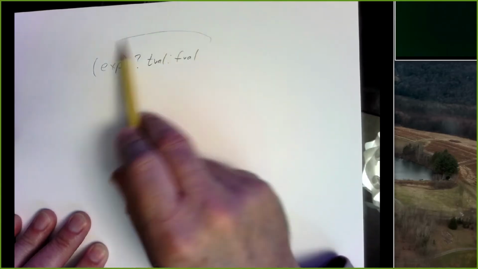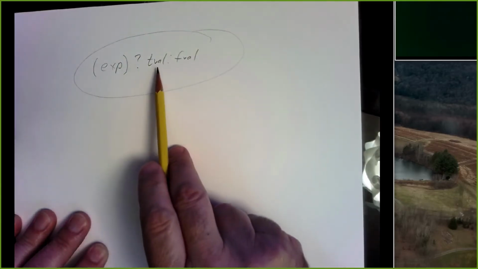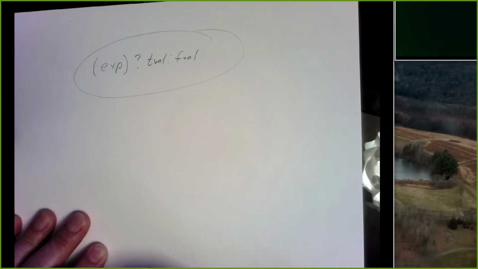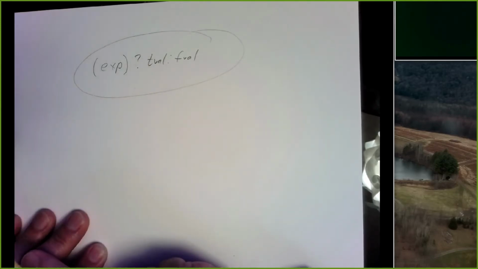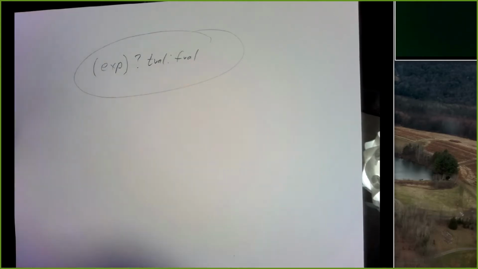And this whole thing basically takes on either tval or fval depending on the value of expression. If this is true, it becomes tval. If it's false, it becomes fval. And you can do other things in here besides values. You can actually get it to execute code and such, and start getting super sneaky like that.